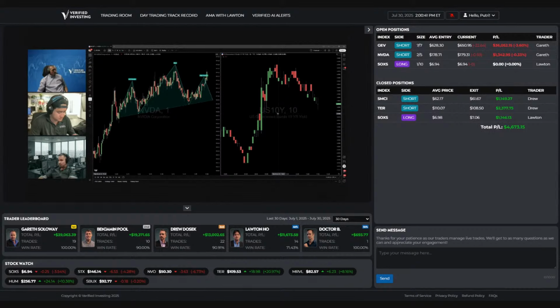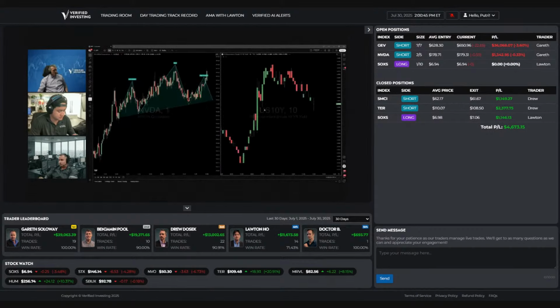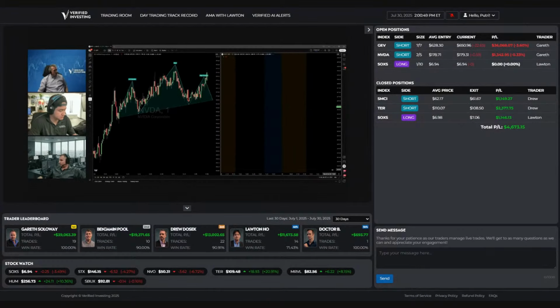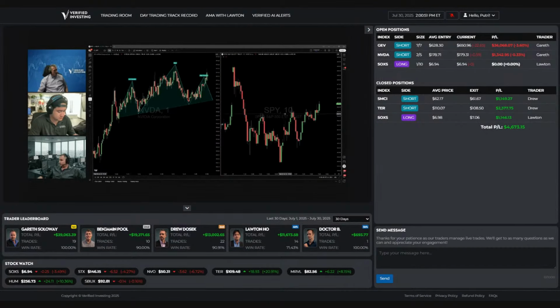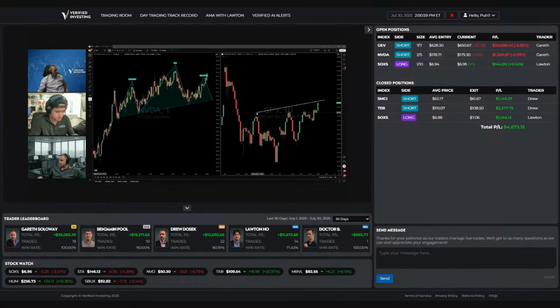Yield's not moving at all. Let's go to the spiders here real quick. Spiders pushing up slightly. Look at that on the spiders. We'll see if it goes through, but it's high pivot to high pivot to high pivot right now, keeping it under wraps.